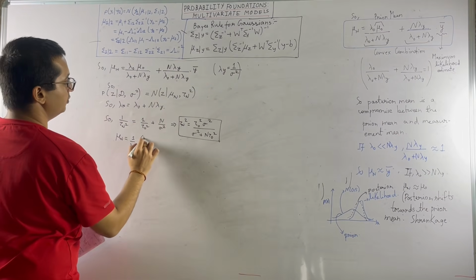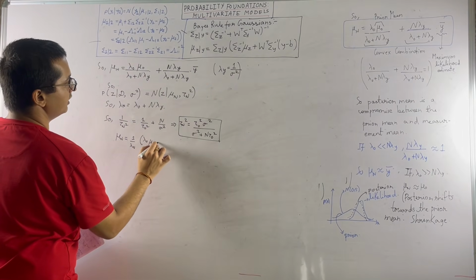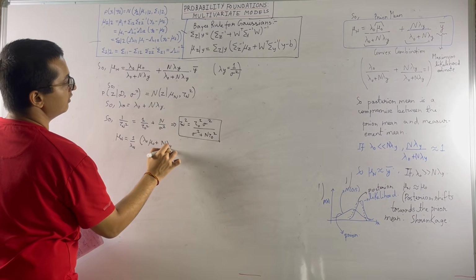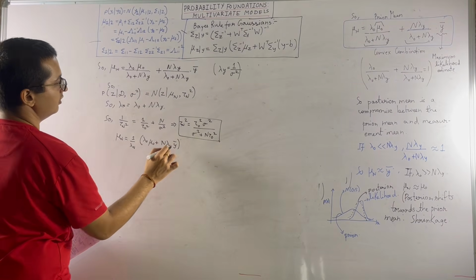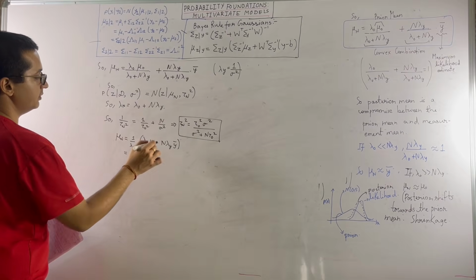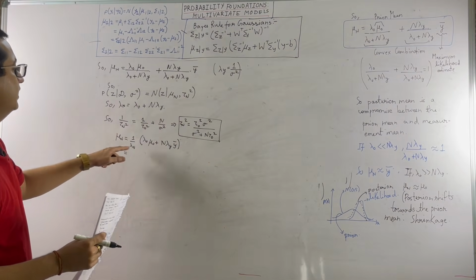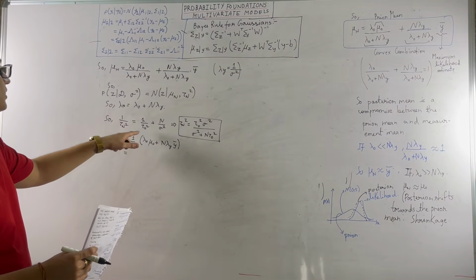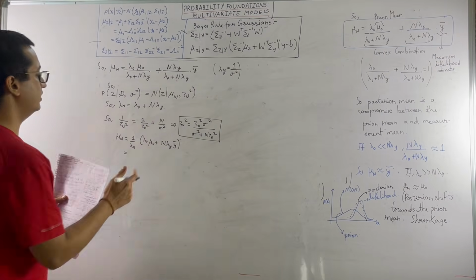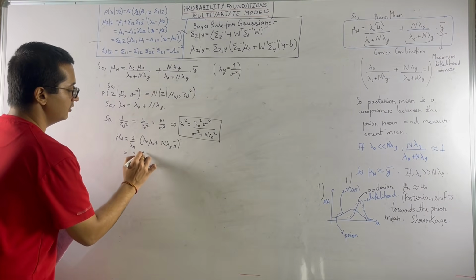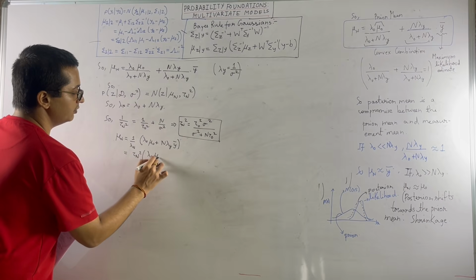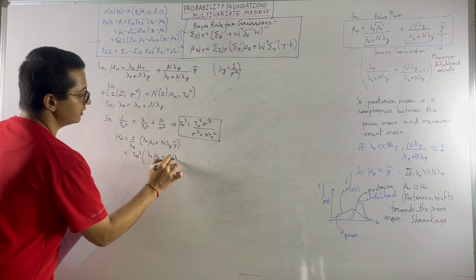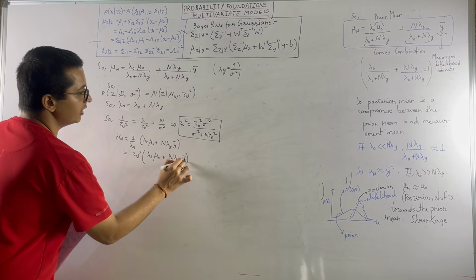Lambda naught mu naught plus n lambda y bar. All right. So if I put that expression, what do I get? 1 by lambda n is tau n square, right? Tau n square times lambda naught mu naught plus n lambda y bar.